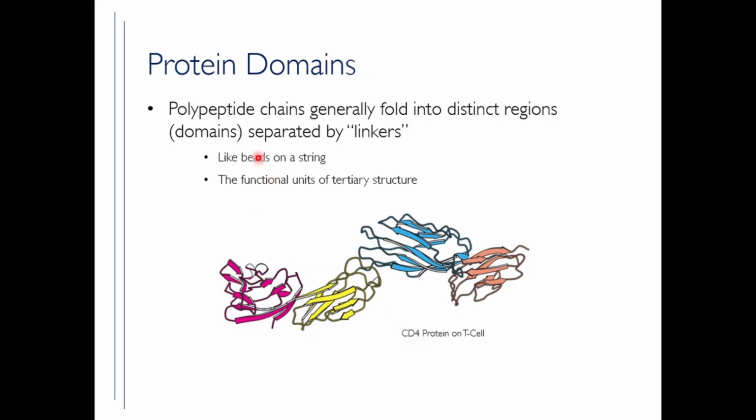But anyway, you can see here when you look at this particular protein, they look like beads on a string, right? There's 4 domains. They're separated by what we call linkers, which are just strands of amino acids that don't really conform to any domain. They just allow connections between domains. And you can see that the 4 domains here I've coloured in different colours, just so you can see them, which is quite nice.